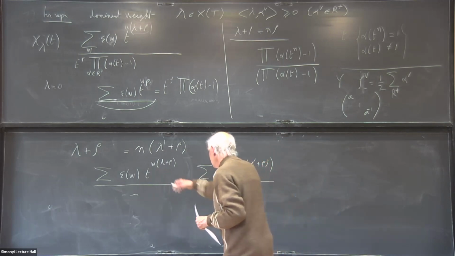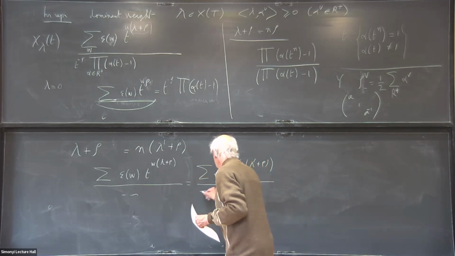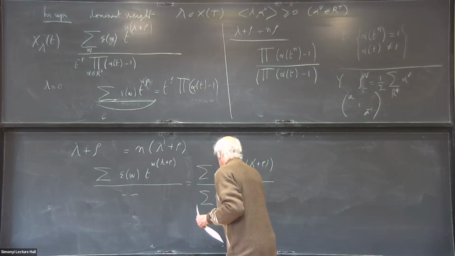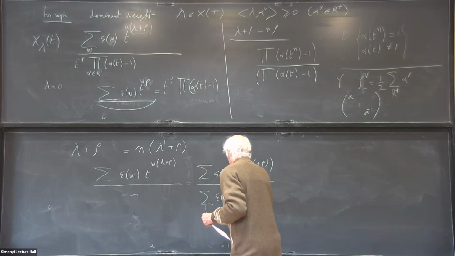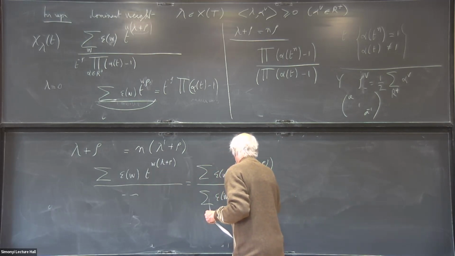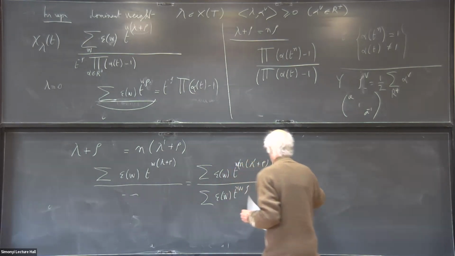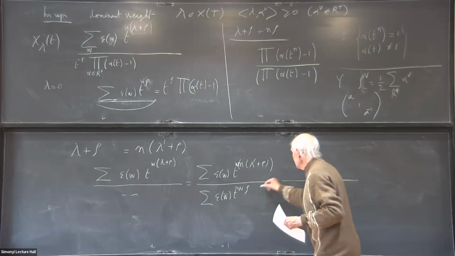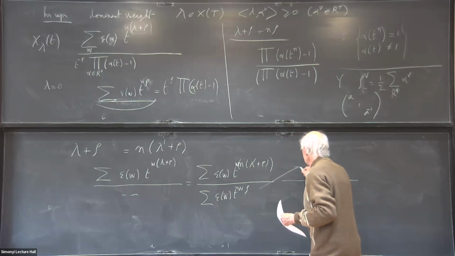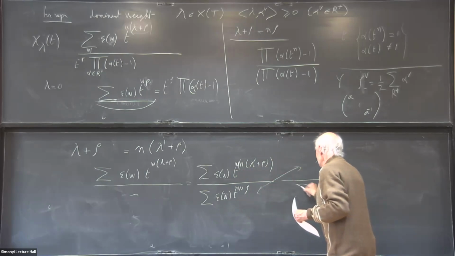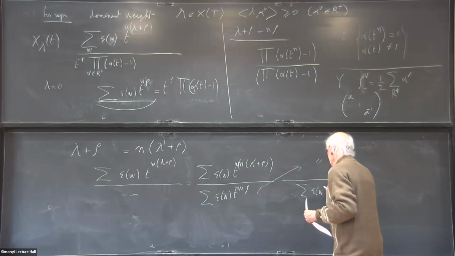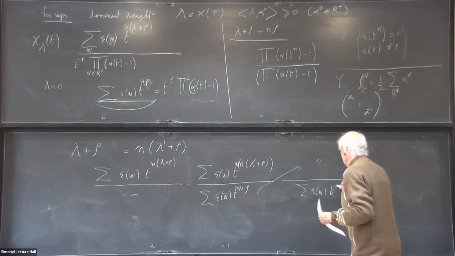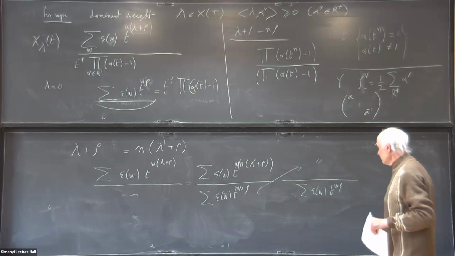So I should still put the something I have erased. I put here epsilon w t w of t n w of rho times the same sum epsilon w t w of rho.